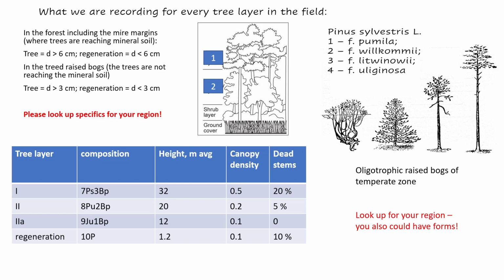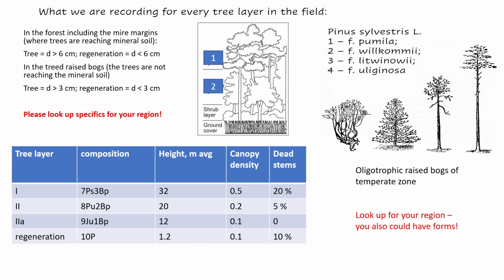This reflects the percentage of every species, and it's written in a sort of formula. For example, if you have 70% of pine trees and 30% of birch, you just put 7 Pinus sylvestris, 3 Betula pendula.